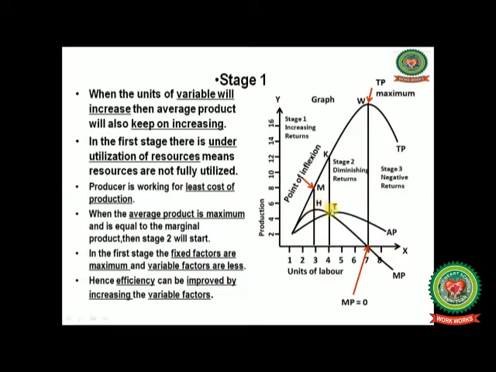When the average product is at maximum at point T and equals the marginal product also, then stage 2 will start. This is the end of the first stage and the beginning of the second stage. In the first stage, fixed factors are maximum, that is up to the 4th unit of labor, and the variable factors are less than the fixed factors, hence the efficiency can be improved by increasing the variable factor, that is labor.